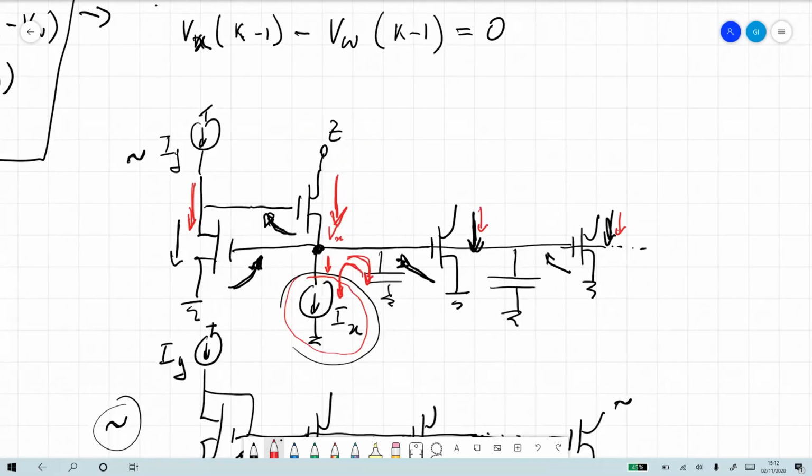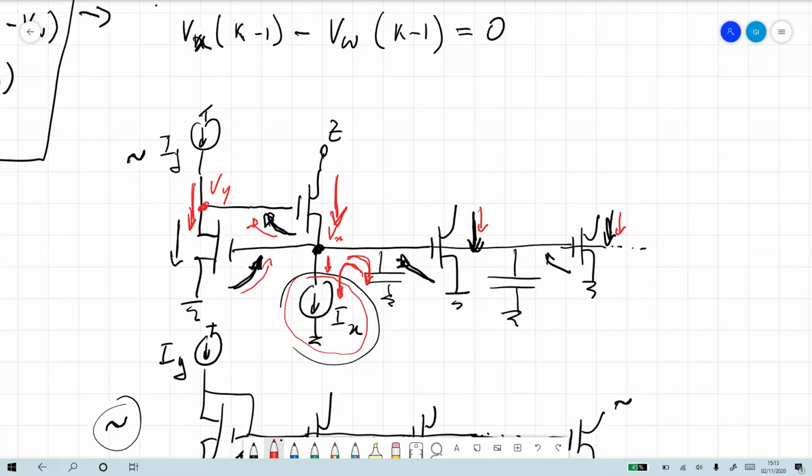It's all due to the negative feedback, the fact that if I have a voltage Vx that is the log of Iy, it is also the source of the top transistor that has to have the V, what is this? This is Vy. Vy minus Vx equal to the log of Ix. I hope you realize what's going on. If I change the input current, Vy doesn't change a lot because it's on the drain.